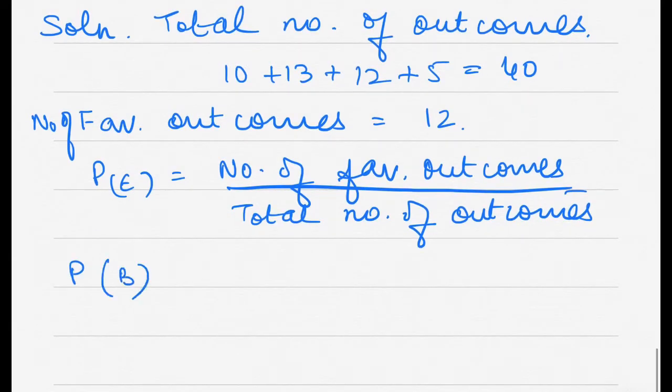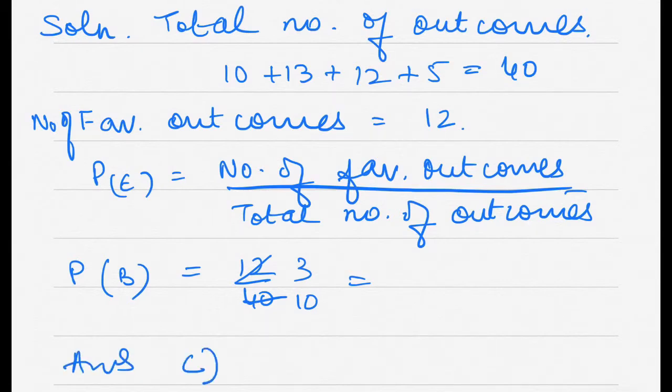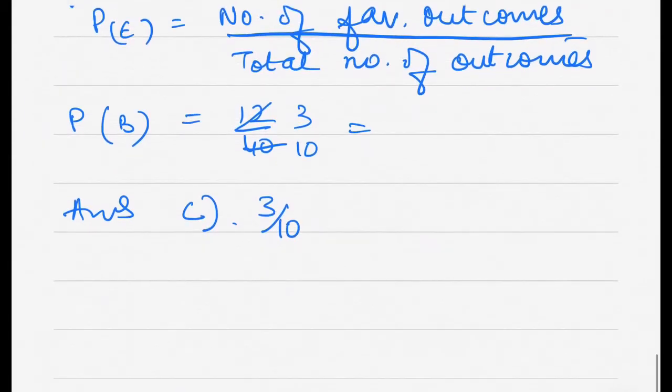So my probability of getting the blood group B will be equal to 12/40. So 4 3s are 12, 4 10s are 40. So my answer will be C, 3/10. Again, you have to write down the option as well as your answer in multiple choice questions.